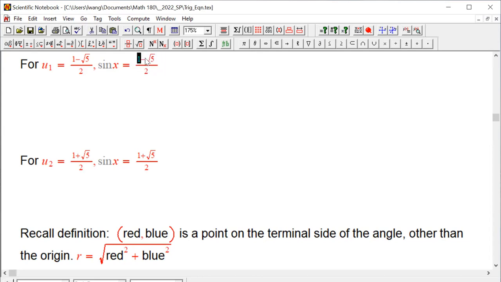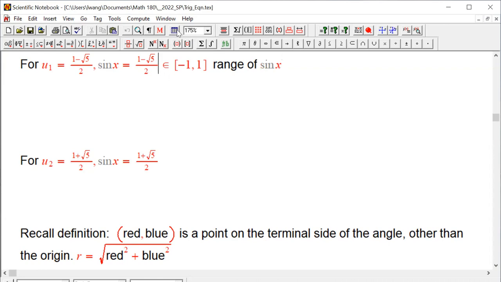The numerator, with root 5 equal to 2 point something, is negative 2 point something plus 1, divided by 2. So this number is going to be inside the interval of -1 to +1. That's all I need to know, which is the range of sine. This is important.